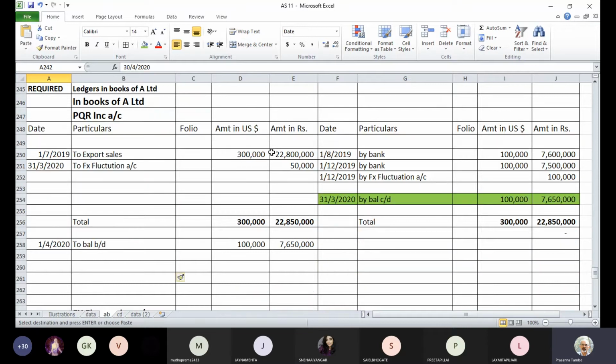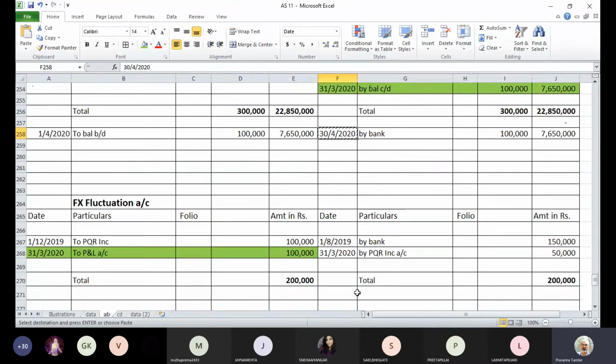So 30th April 2020, in PQR account, by bank account for $1 lakh at the original outstanding rate only, which was 76 lakhs 50,000. But actually you have received more than this.